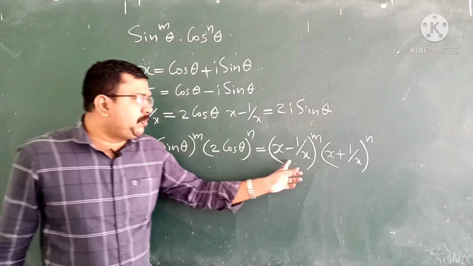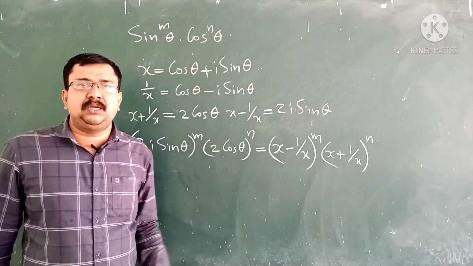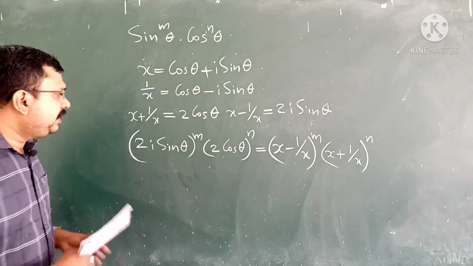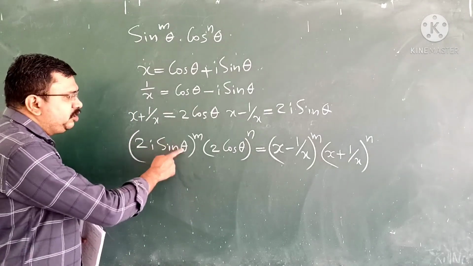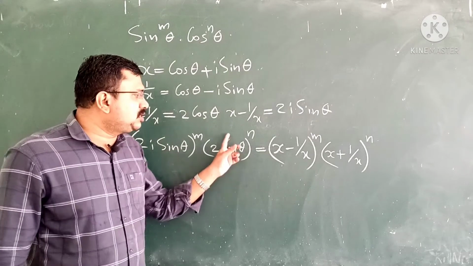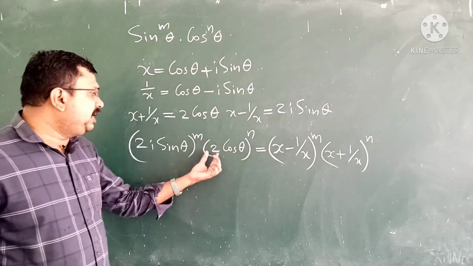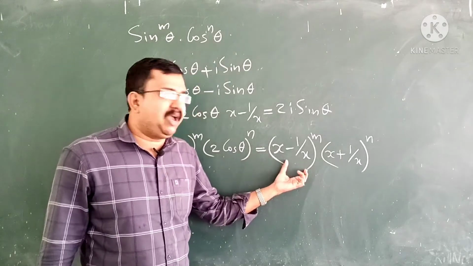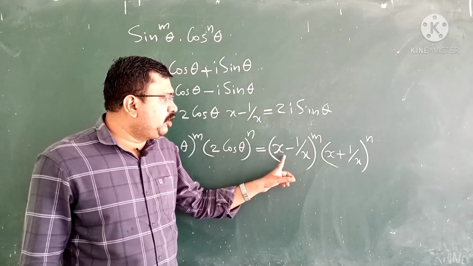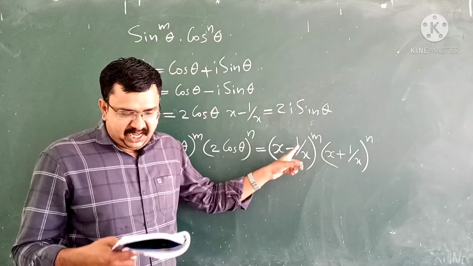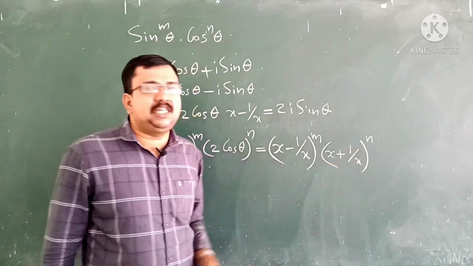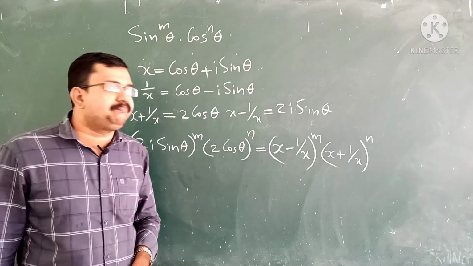Now we can expand these two terms using binomial theorem. Then we will get the result as, here is sin raised to m theta and here is cos raised to n theta. The remaining term is 2i and 2. Then we can find out this value by using the equation x minus 1 by x the whole raised to m into x plus 1 by x the whole raised to n.